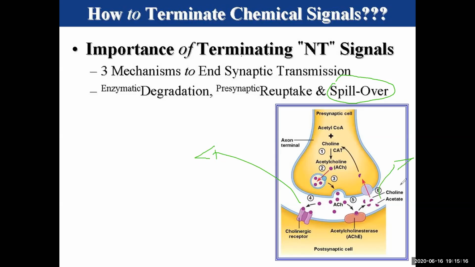If it spills out of the synapse, there's no receptor for it to affect anything. And so the neuroglia will pick up the neurotransmitter to cleanse the site. Once the neurotransmitter spills out of the synaptic cleft, the glial cells, the support cells, will pick them up.